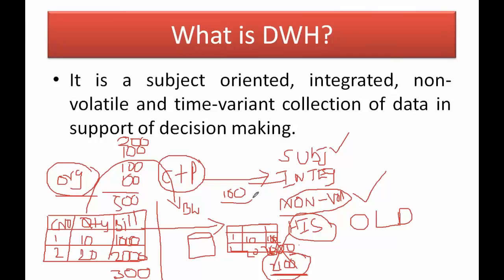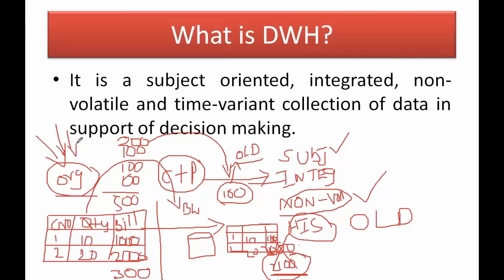But how many records does BW have? 100. Is this today's records? No. It is old records. That's the reason we call it historical data. So always we keep historical data. Unless you load the data, BW always contains old data, not present data. So this is a system where you keep getting sales every day.